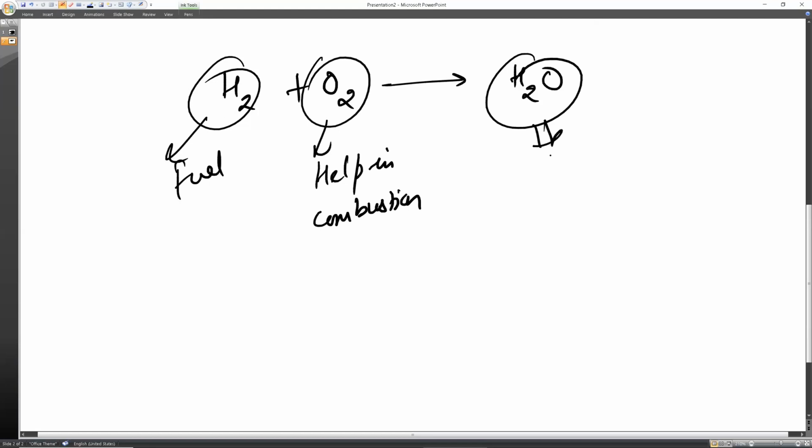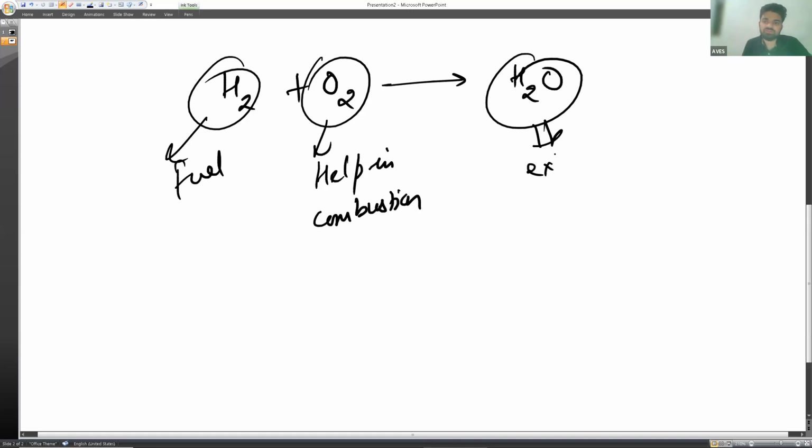So when you check, hydrogen itself is a fuel, and oxygen helps in combustion. So the mixture of a fuel and a substance that helps in combustion should be highly combustible and should easily catch fire. But does water burn?